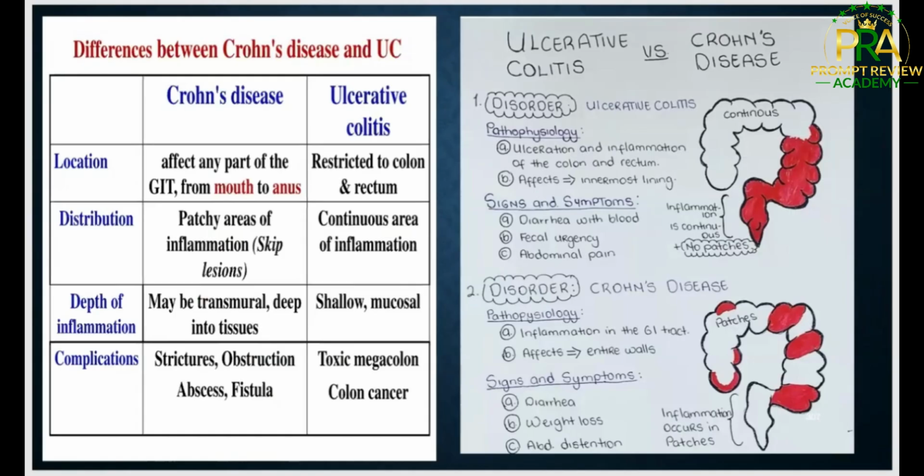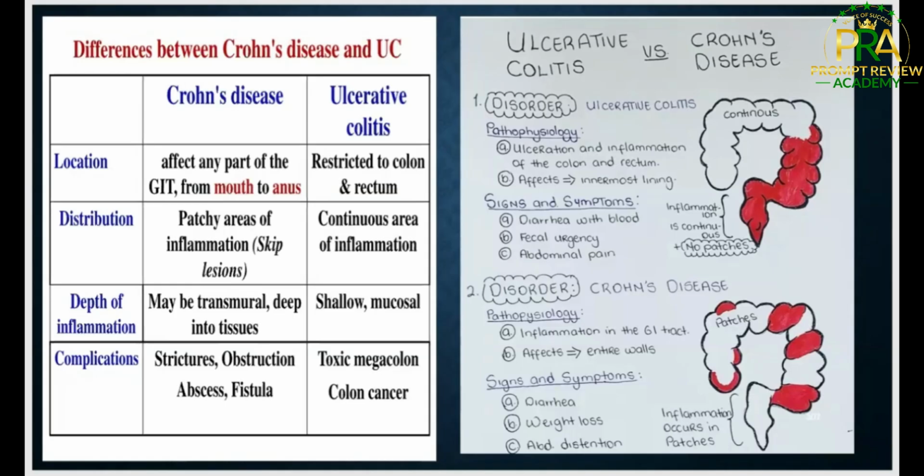So what is the difference? In Crohn's disease, it happens mostly from the mouth to the anus. But in ulcerative colitis, it is restricted to just the colon and the rectum. So if they ask you whether the inflammation happens more in the rectum or the colon, then you're talking about ulcerative colitis.